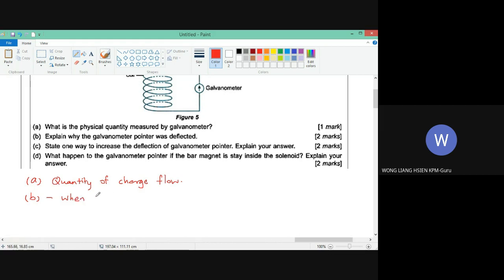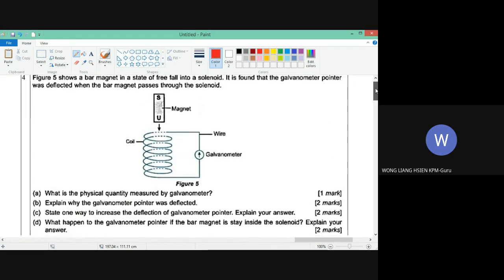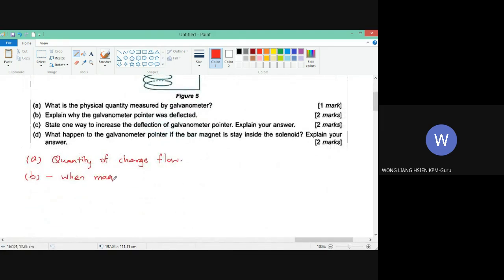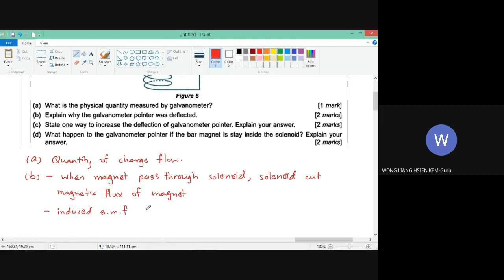So when the magnet passes through the solenoid, it cuts the magnetic flux of the magnet, induced EMF is produced in the solenoid.